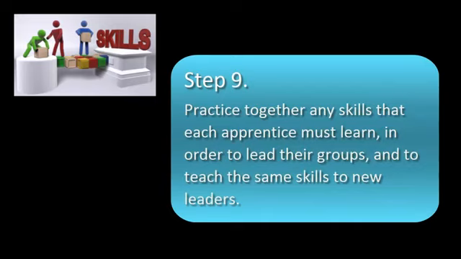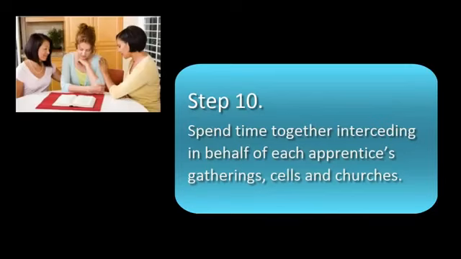Step 9. Practice together any skills that each apprentice must learn in order to lead their groups and to teach the same skills to new leaders. And step 10, spend time together interceding in behalf of each apprentice's gatherings, cells, and congregations.